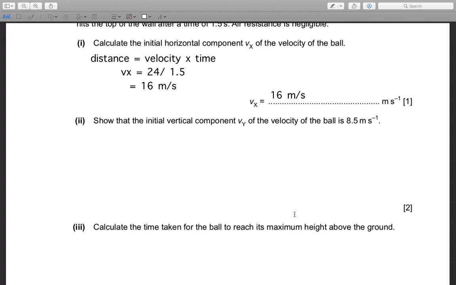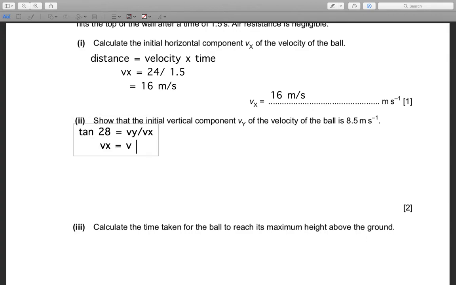If we know the tangent of 28 degrees, it equals Vy divided by Vx.